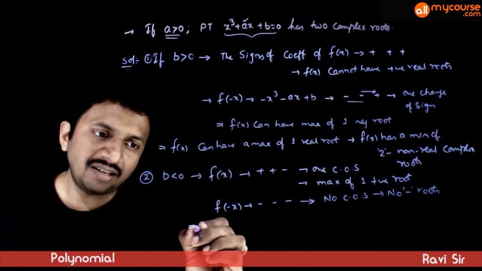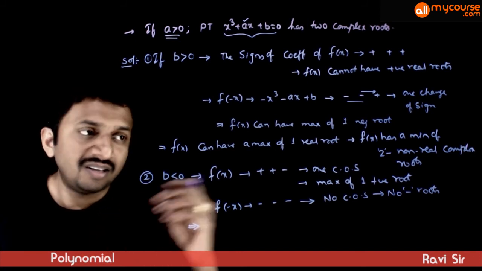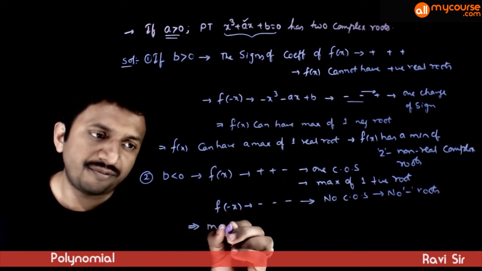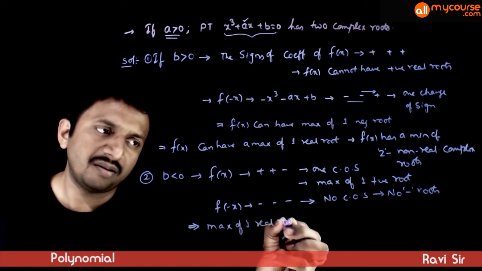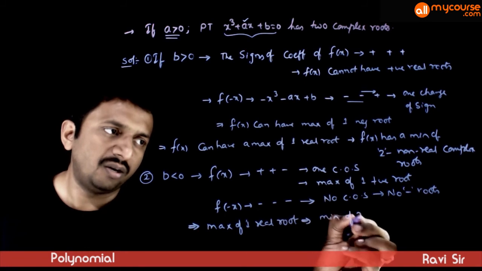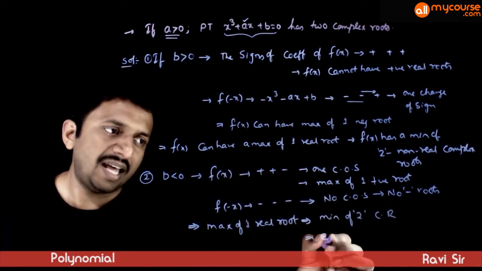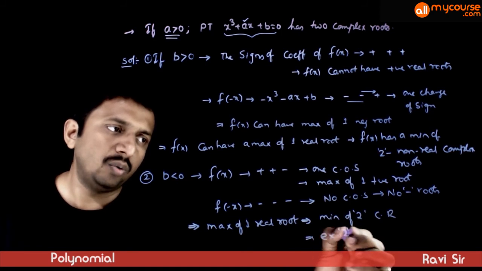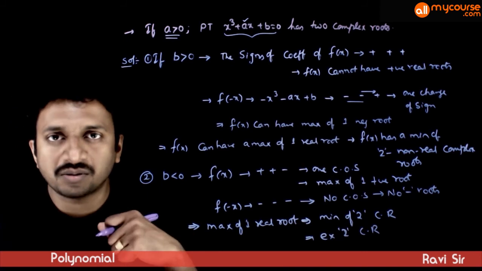So it has a maximum of one positive root and no negative roots. What does this imply? This implies a maximum of one real root, and this implies a minimum of 2 complex roots. This implies exactly 2 complex roots, because it cannot have 3 complex roots.